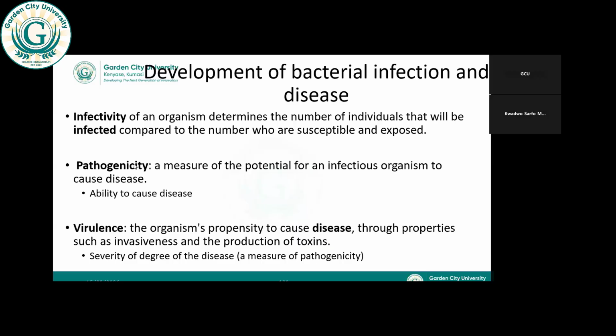Then B is able to infect. Maybe the portal of entry is through the mouth. So you ingest contaminated food and then they attach to the intestinal walls, establish themselves, multiply, and get the infection established.